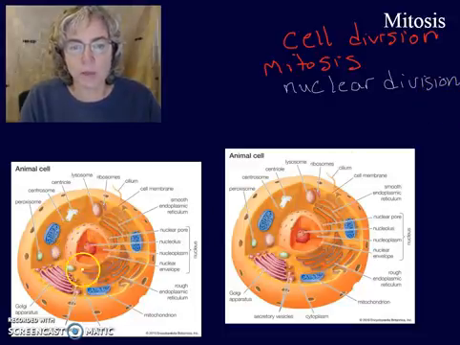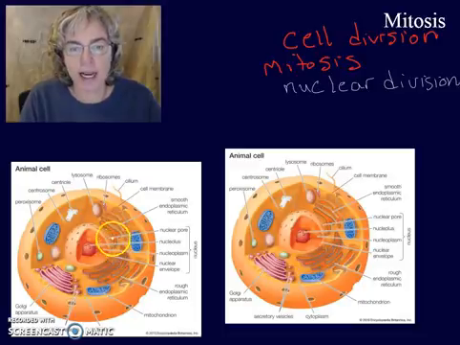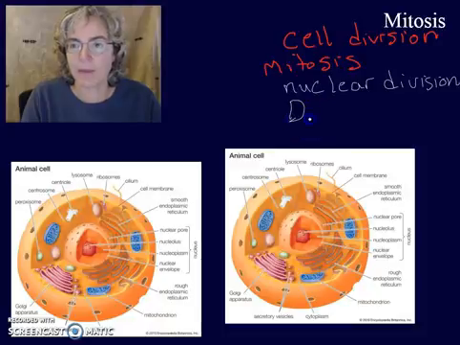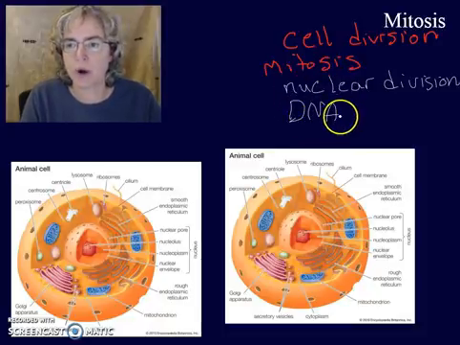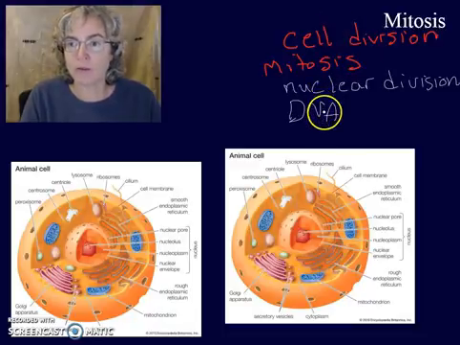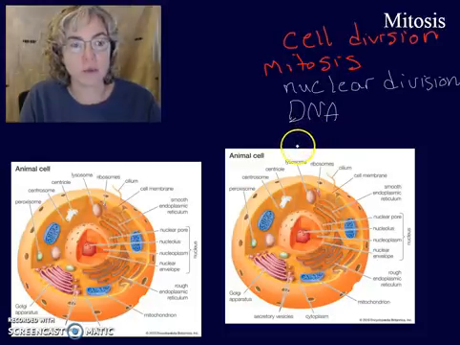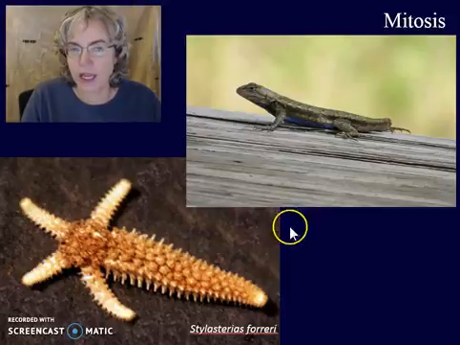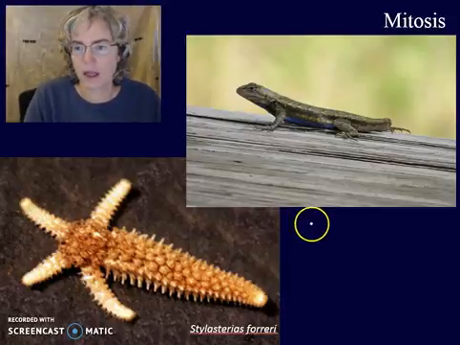Just the process of dividing the nucleus and the DNA inside. And that's mainly what we're going to be talking about, this process of mitosis and nuclear division. So we've mentioned that one reason why we have cell division with mitosis is growth.